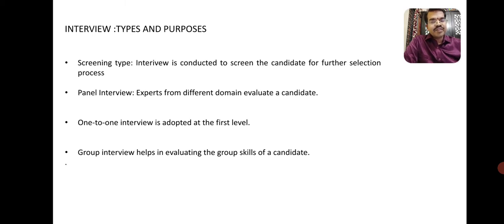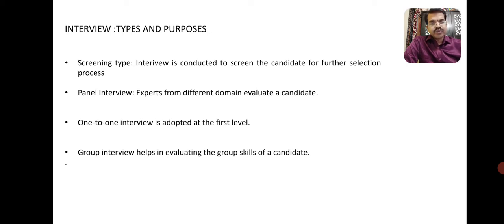And why do we use this screening type of interview? Generally, we use it so as to shortlist the candidates. You have a big number of candidates, and you really don't know who the best candidate is, or who the potential candidates are who are likely to get the advertised jobs.